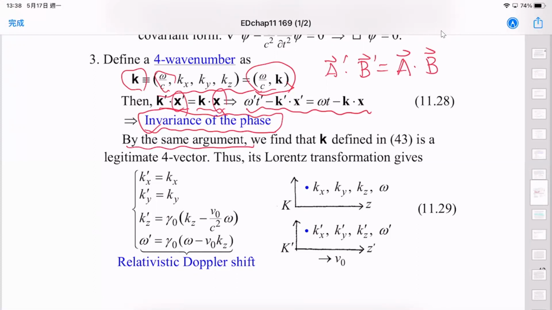So the four-wavenumber will be a four-vector because it satisfies these relations. By the same argument, we find that K defined in 43 is a legitimate four-vector. Its Lorentz transformation gives this one. This is the famous relativistic Doppler shift.